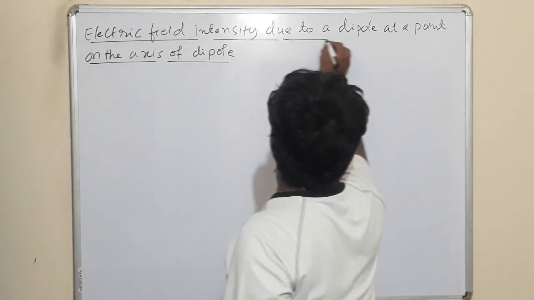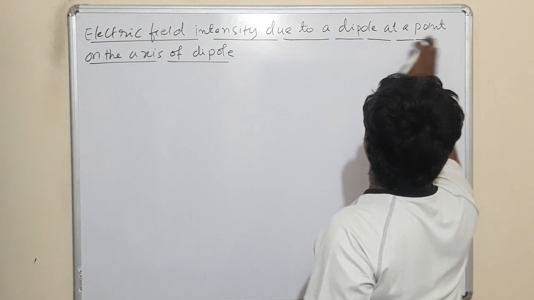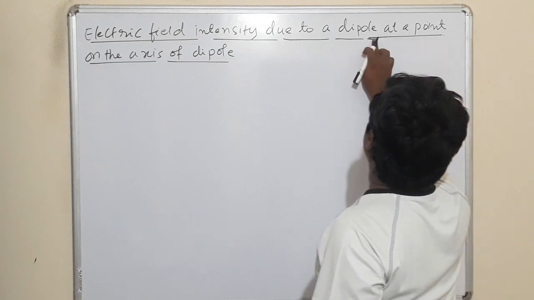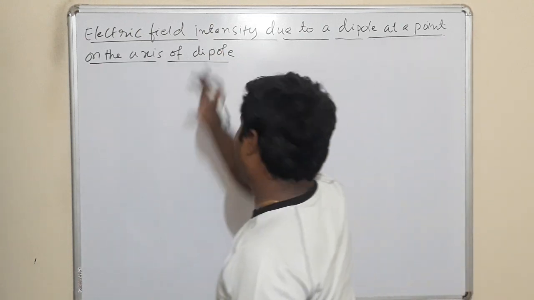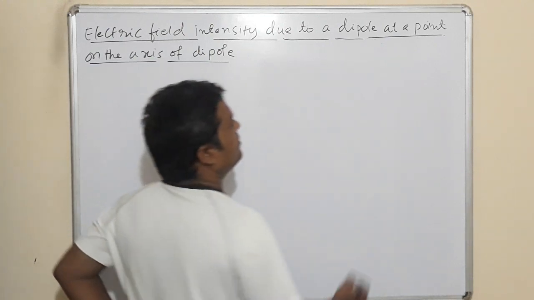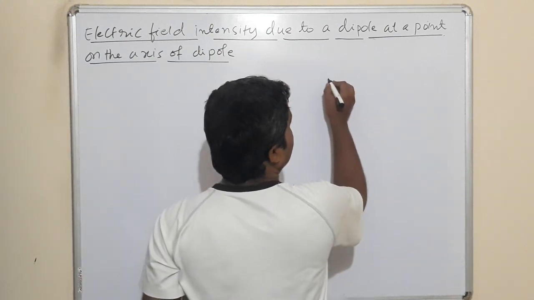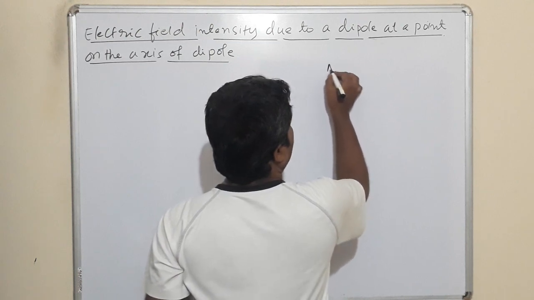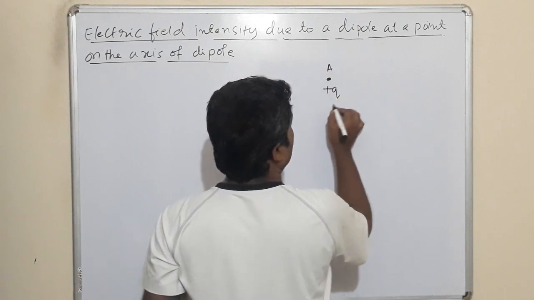Electric field intensity due to a dipole at a point taken on the axis of the dipole, that means on the axial line. See, this is A, plus Q charge.